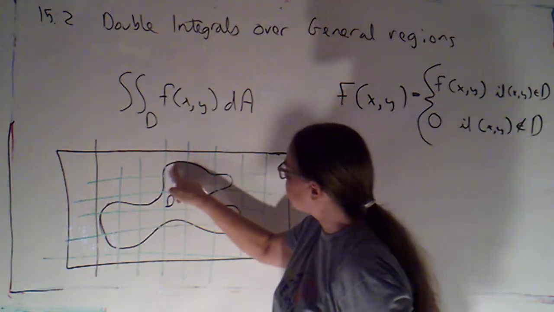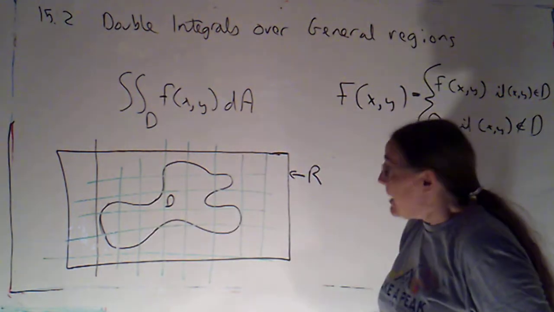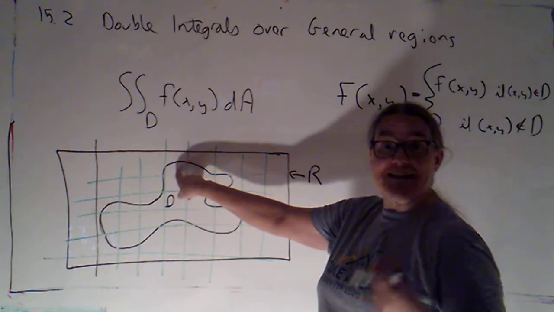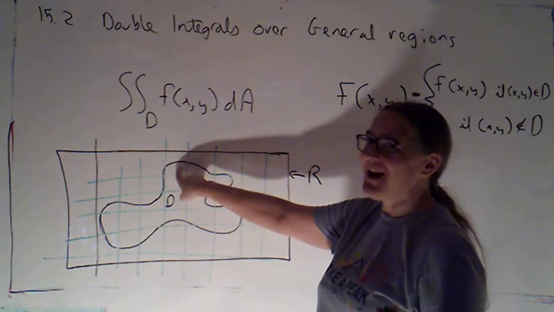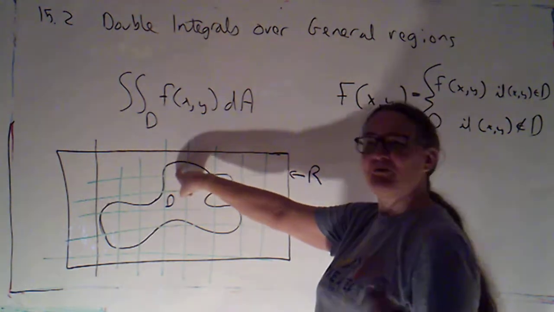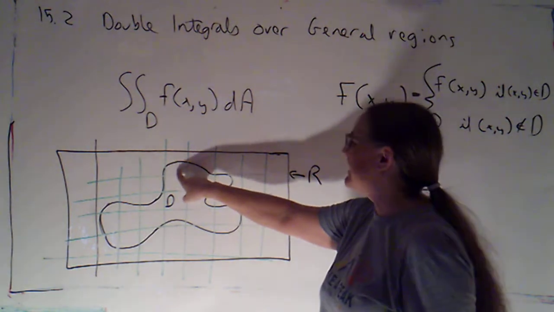For all of these rectangles that include the boundary of D, I'm going to pick a representative point in D. If my height is positive there, I'll be getting an overestimate because I'll be applying that height over a bigger region. If my height is negative, I'll be getting an underestimate.